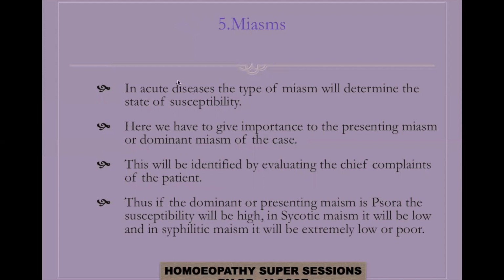That means in an acute disease, we have to identify the presenting or dominant miasm, which is seen through the chief complaints of the patient. So thus, if the dominant or presenting miasm is psora, we know the susceptibility is generally high. In psychotic miasm, it will be generally low. And in syphilitic miasm, it will be generally extremely poor or low.